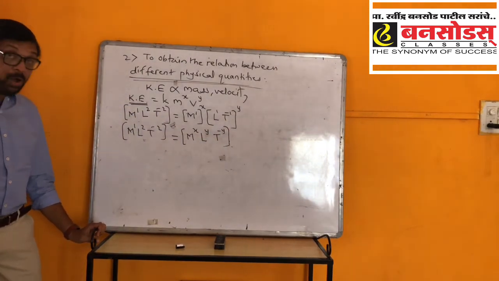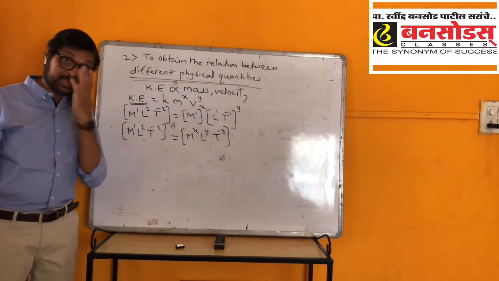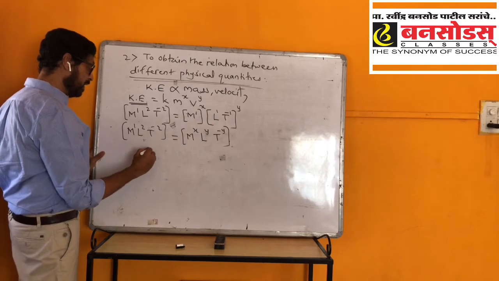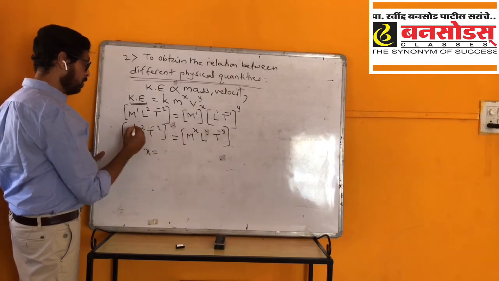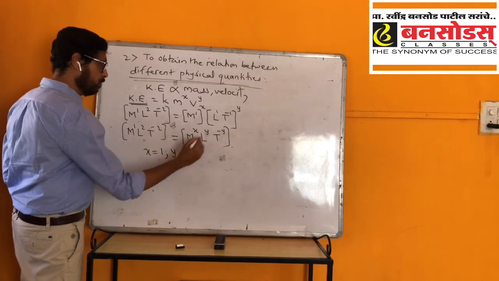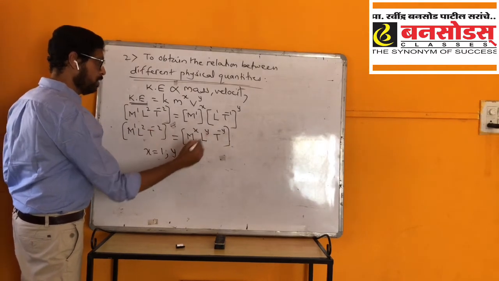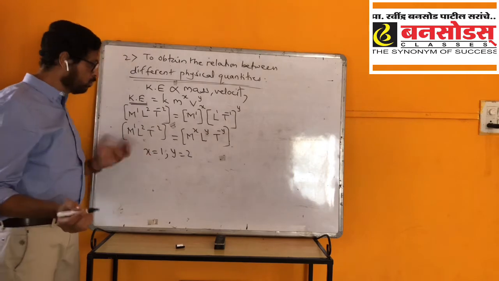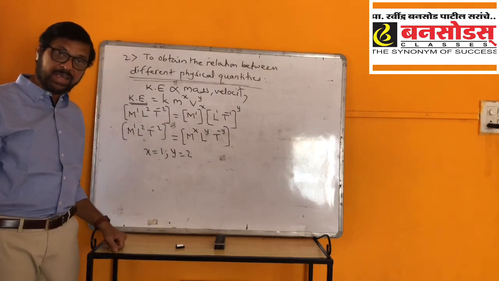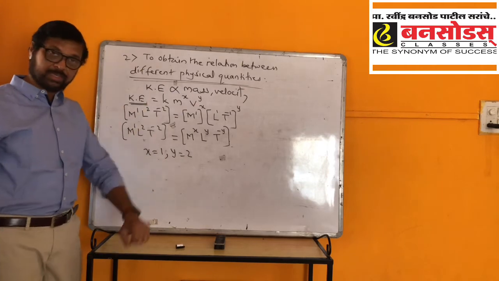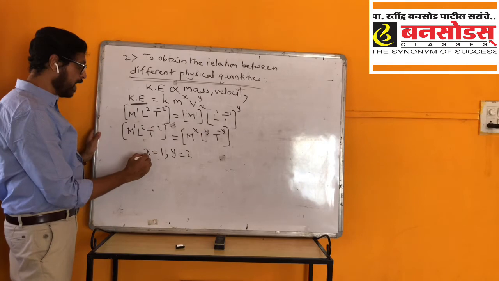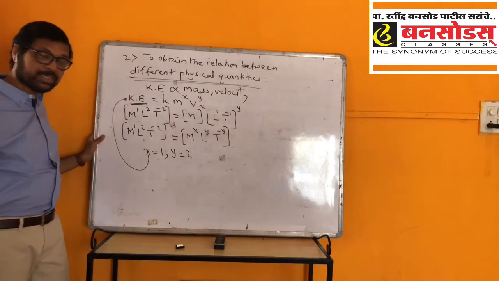Right? Now you'll compare LHS and RHS. So comparing the two sides, you get x is equal to 1, y is equal to 2, minus y is equal to minus 2, means again y is equal to 2. So you got the value of x and value of y. x equal to 1, y is equal to 2. These values of x and y, now you'll put in this equation.